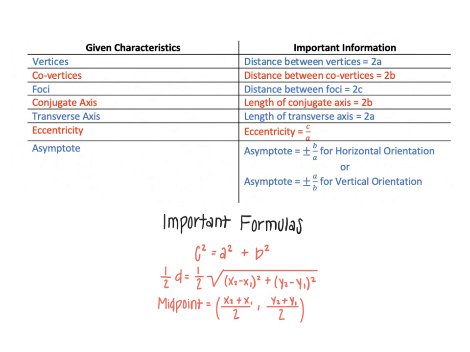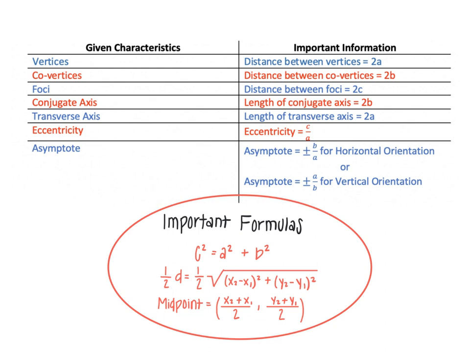For instance, if they gave me my vertices, then I know I can find the distance between the vertices, and that's going to give me 2a. If you look at the bottom of the slide, you're going to see important formulas that you're going to use over and over again. For instance, there's the relationship between a, b, and c, which I will say is different from ellipses.